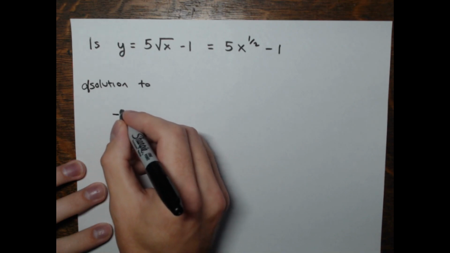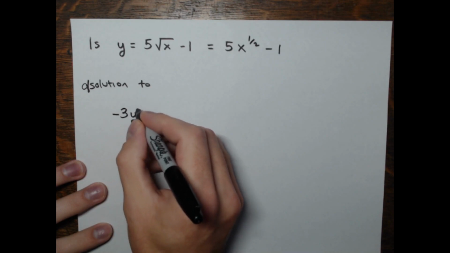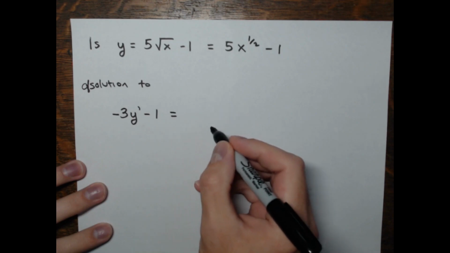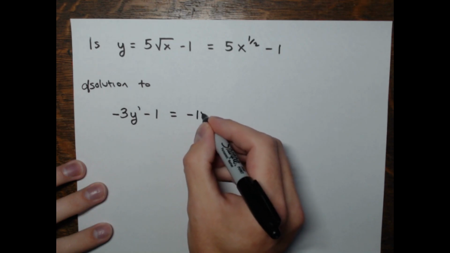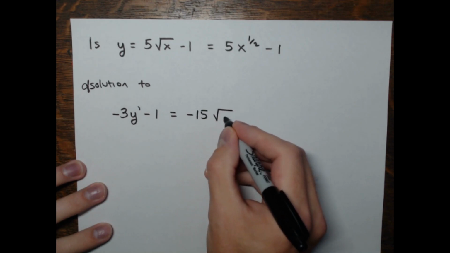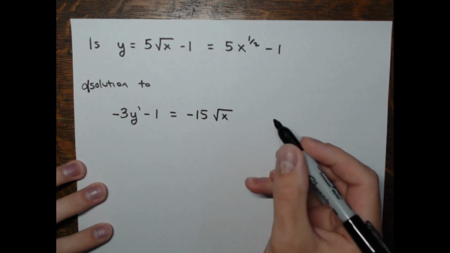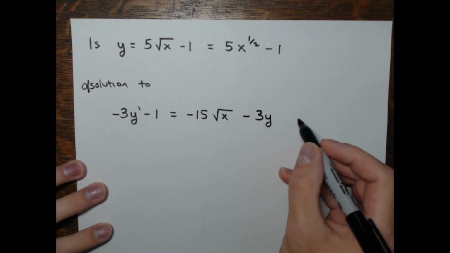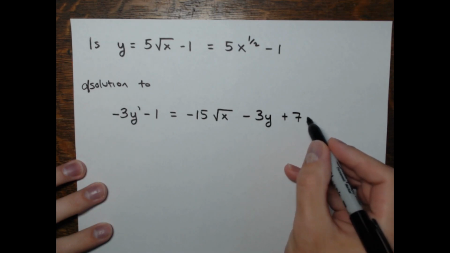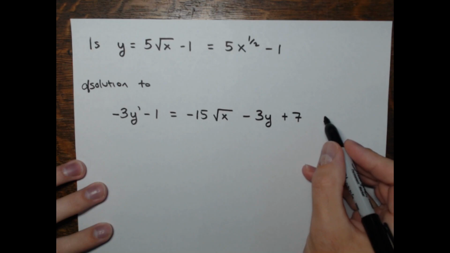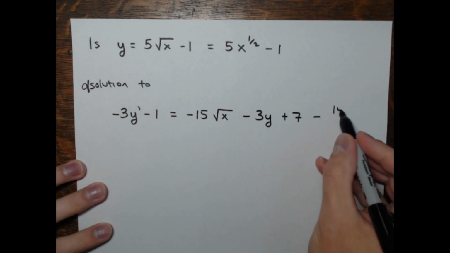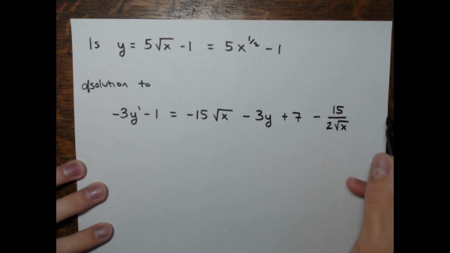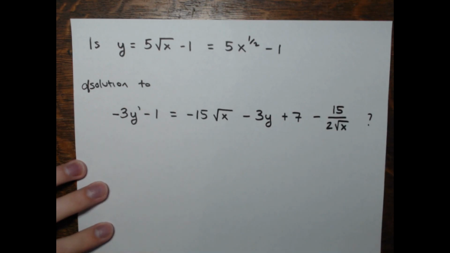We got negative 3 times y prime minus 1 on the left side equals negative 15 times the square root of x, or x to the half, then minus 3y, plus 7. And then the last term on the right side here is minus 15 divided by 2 square root of x. All right, so that's the question.